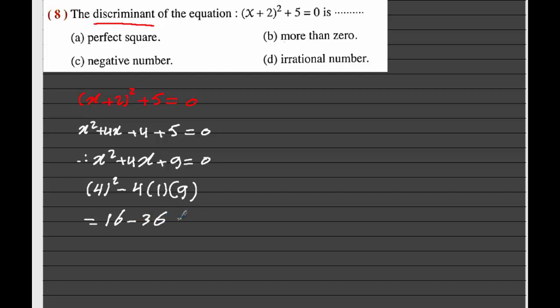It is less than 0. Okay, we have 16 minus 36 equals negative 20, less than 0, which is negative. So the discriminant is a negative number, and we choose letter C.